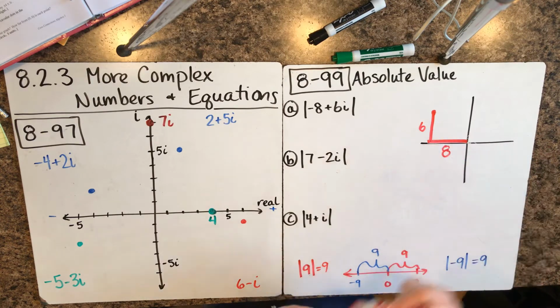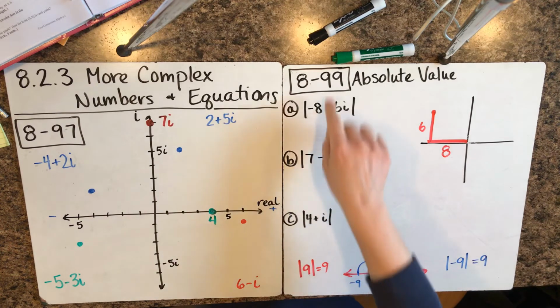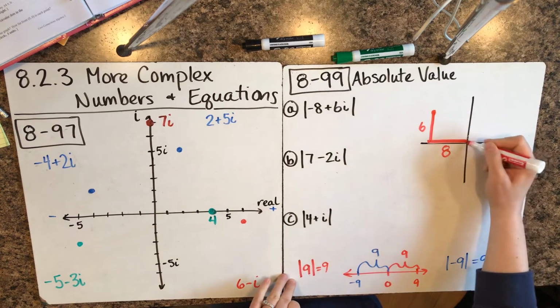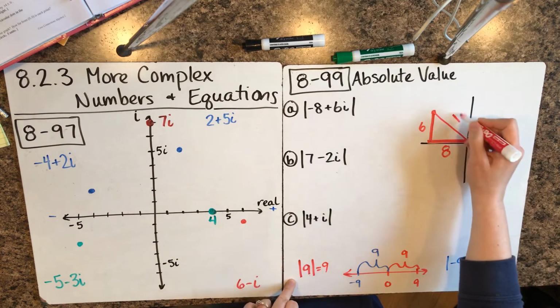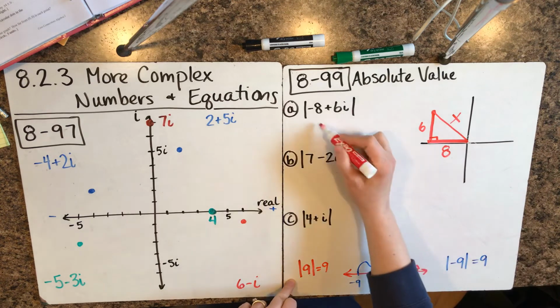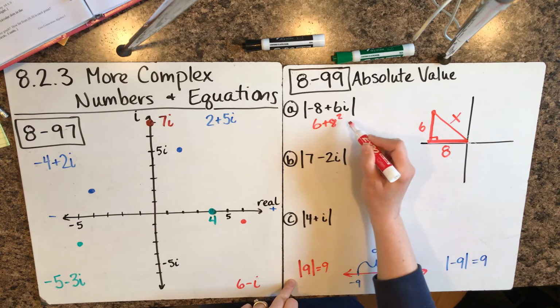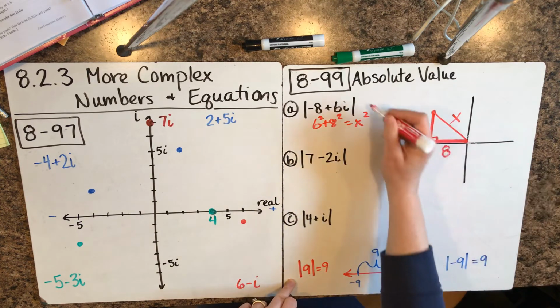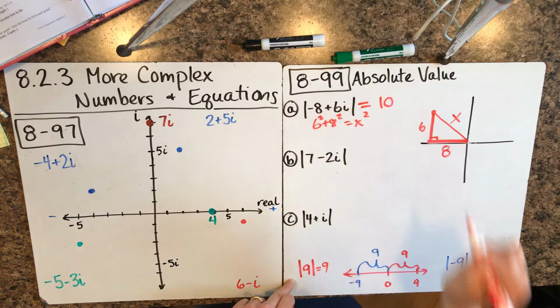Okay, I did go up 6, and again, absolute value means distance from 0. So all I'm going to do is find the distance from 0 to that point. Okay, remembering from geometry, that's just the Pythagorean theorem. So 6 squared plus 8 squared equals x squared. You guys know how to do this. You are going to get an answer of 10.